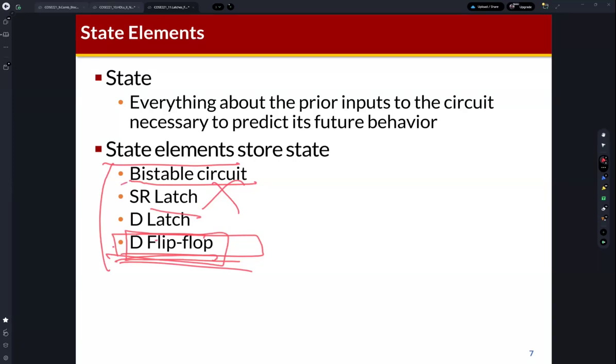I will start from the bistable circuit, and then we will learn about the latch, SR latch, then D latch, and then based on the D latch, we can implement the flip-flop. Those are very important components. Our digital system is implemented using combinational logic and D flip-flops. Okay, let's start from the bistable circuit.